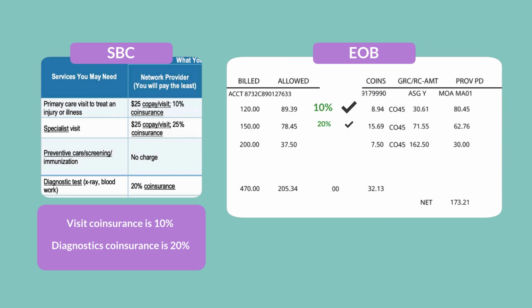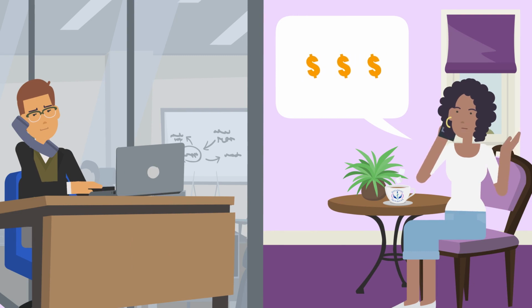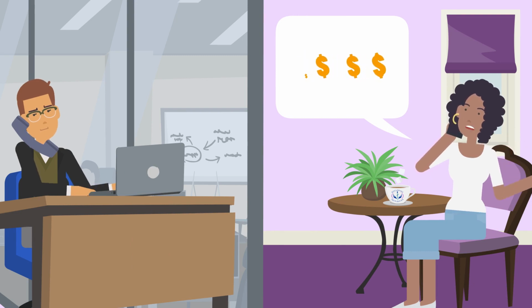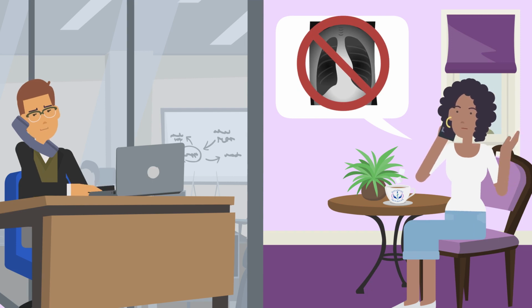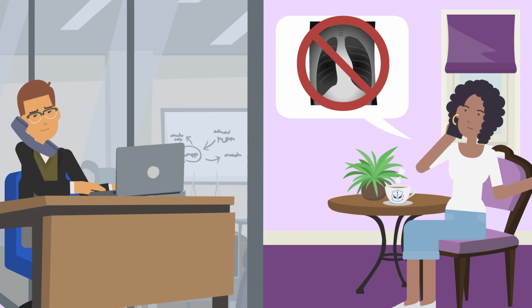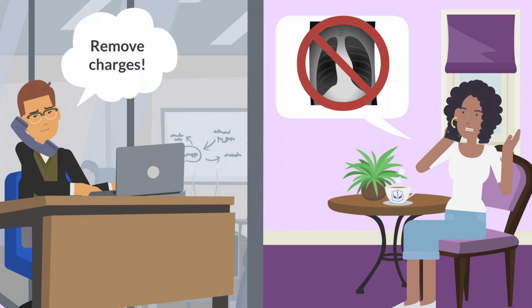The coinsurance percentages also match with the information in her SBC. The problem is that Tamika was charged for, and her insurance paid, and assigned her costs for the chest X-ray that she didn't have. So in this case, Tamika would need to call her doctor's office and insurance company to have the charge removed for the X-ray she didn't receive.